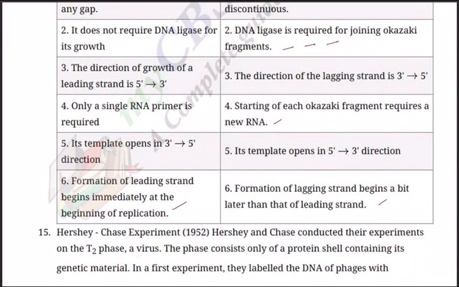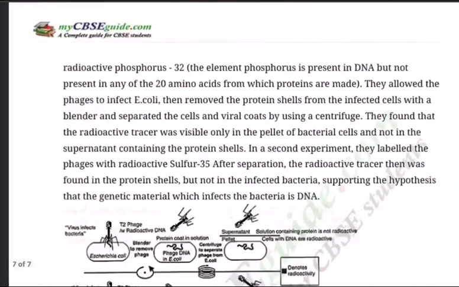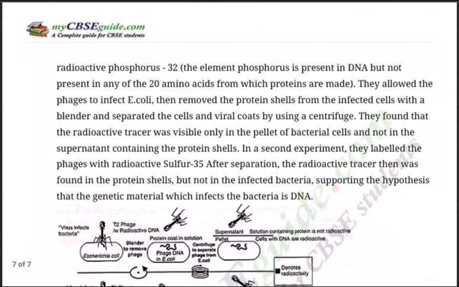Next, the Hershey and Chase experiment, 1952. Hershey and Chase conducted their experiments on the T2 phage, a virus. The phage consists only of a protein shell containing its genetic material. In the first experiment, they labeled the DNA of phages with radioactive phosphorus P32, the element phosphorus being present in DNA but not present in any of the 20 amino acids from which proteins are made.